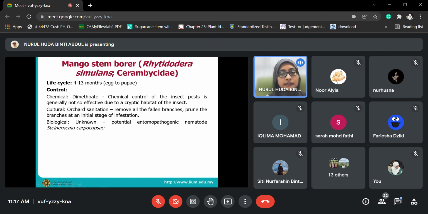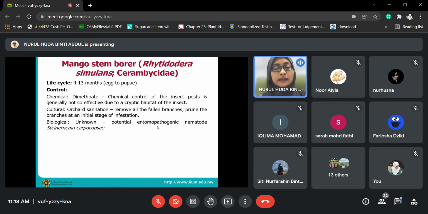And for biological, it is unknown, but there is an entomopathogenic nematode which is potential to be used if we found that the pupae is actually pupae in soil. Otherwise, it won't work. Sebab nematode is actually inside the soil.